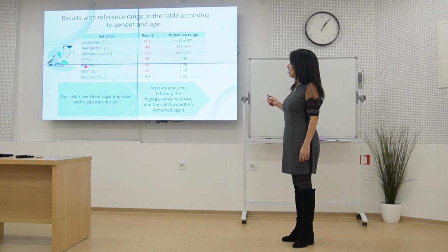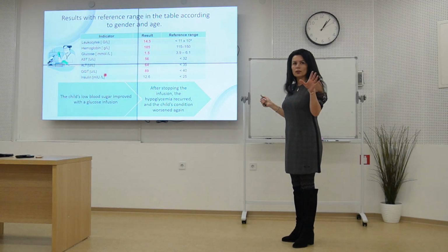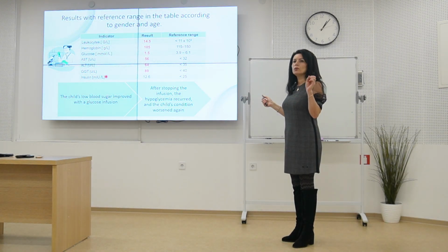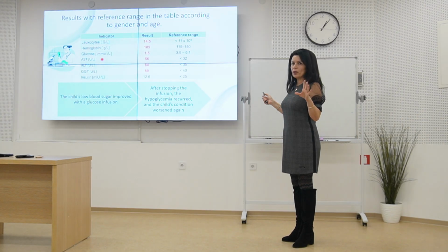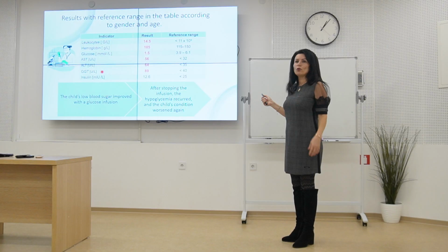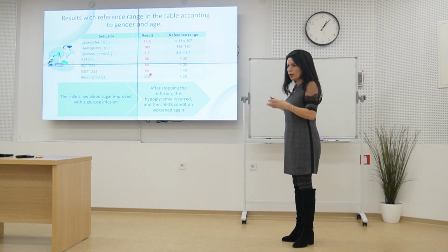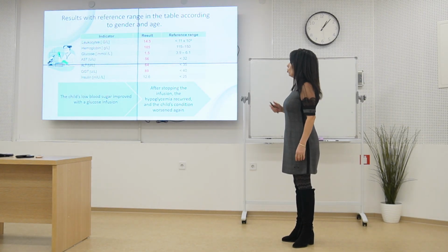AST, ALT, you know these enzymes? Do you know the full names? Aspartate aminotransferase, alanine aminotransferase, gamma-glutamyl-transferase. All these enzymes are indicators for liver damage. They are very increased in the blood, which means liver damage, and insulin is normal.